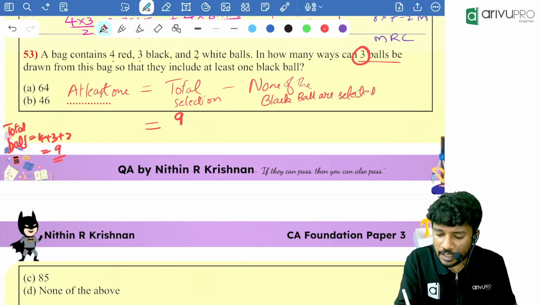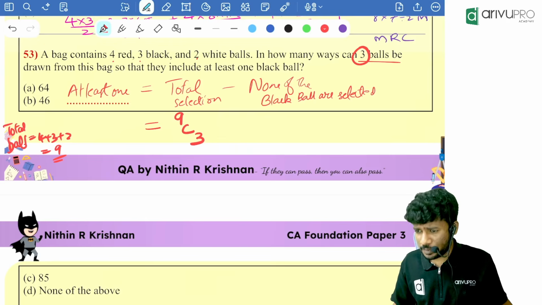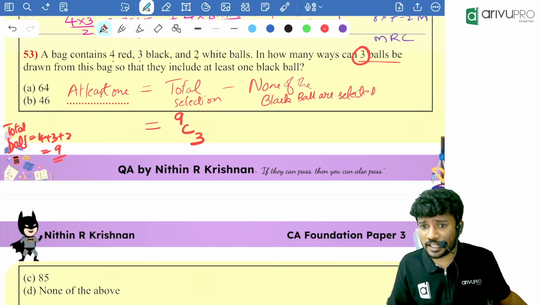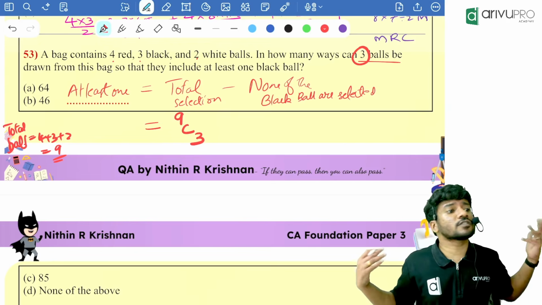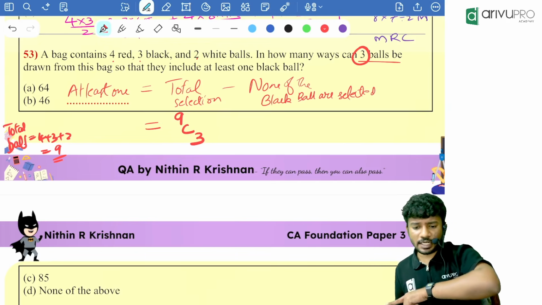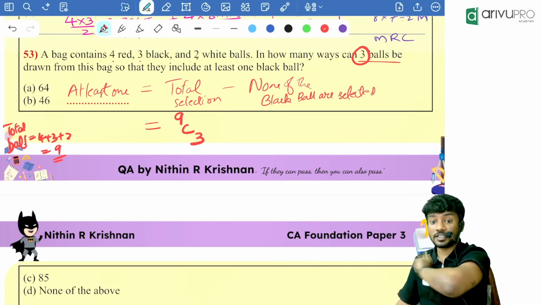From 9, I am choosing 3. That is the total selection. I told you in the beginning, I want to choose 5 fruits from the given set of fruits. From the total of 12 fruits, I chose 5. Similar to that, in total I have 9 balls. From that, I am choosing how many balls? 3 balls. That is the total selection.